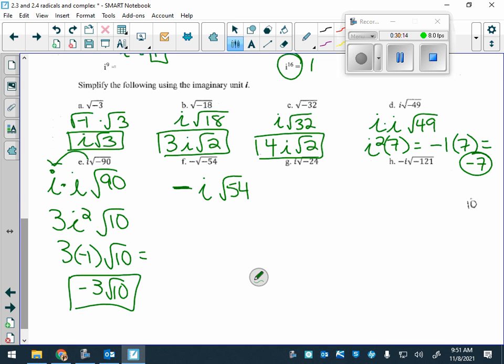Yep. 3 root 6. So I would have negative 3i root 6. The negative is just a negative 1, so that's why it's on the outside. Okay? I want you to try G and H.